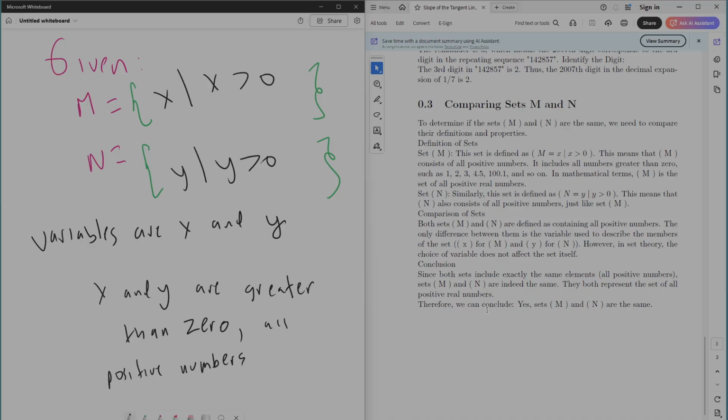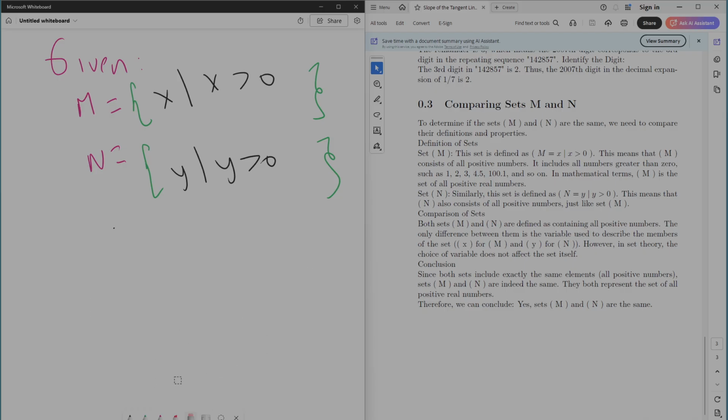Therefore, we can conclude that M and N are the same set.